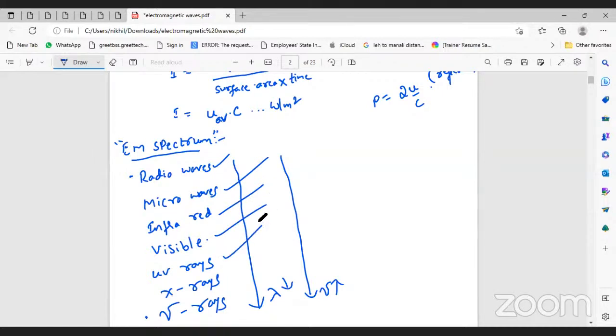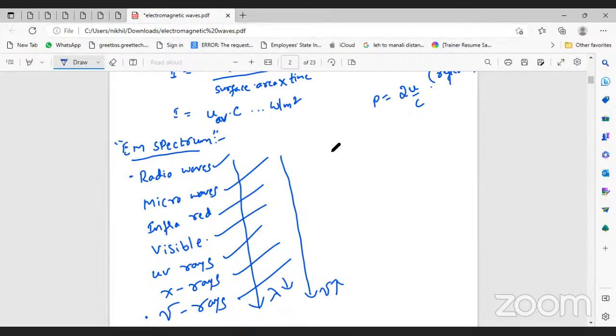UV rays are mainly used in water purifiers. X-rays are mainly used to study crystal structure, and in the medical field to find fractures in the bones. Gamma rays are mainly used in radioactive phenomena, and also in gamma ray microscopes. So these are the general applications you have to remember in the case of the electromagnetic spectrum.